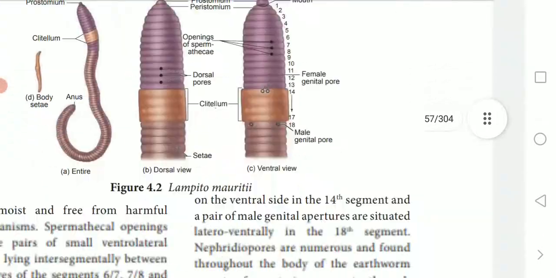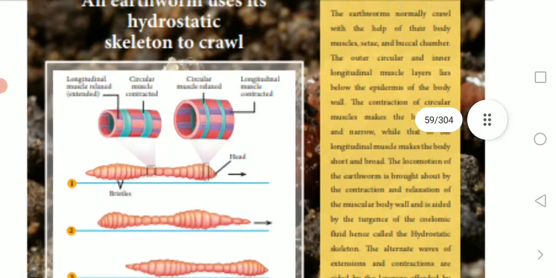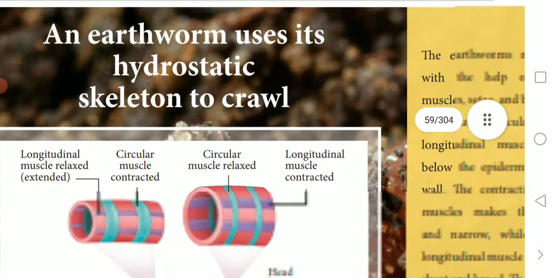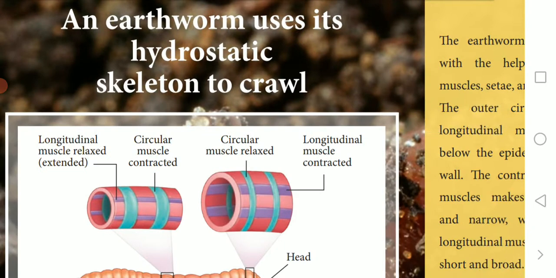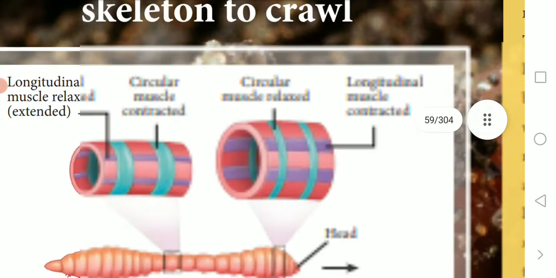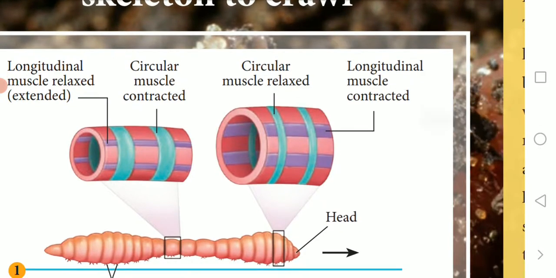That information we will see here. This is the structure of the earthworm when we cut it, in longitudinal sections or circular sections.